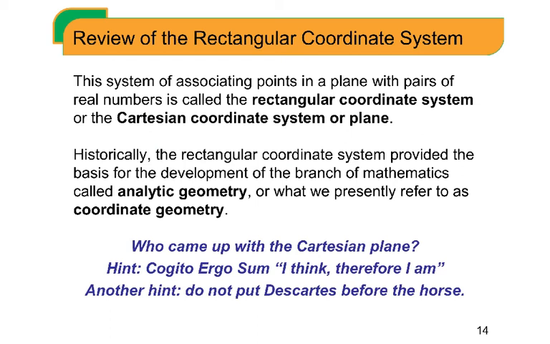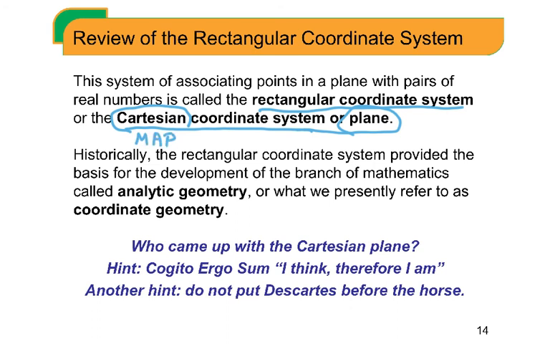Now, sometimes this rectangular coordinate system is called the Cartesian coordinate system, or simply the Cartesian plane. And if you think of this word, Cartesian, maybe you think of maps.